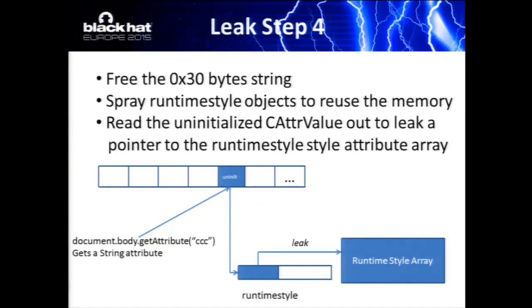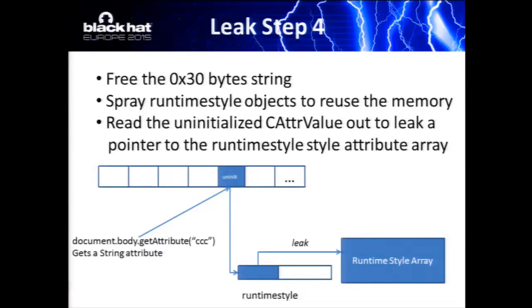So if we read out this uninitialized attribute as a string, actually we leak the content of the runtime style object. The first field in the runtime style object is a pointer, pointing to the runtime style attribute array.